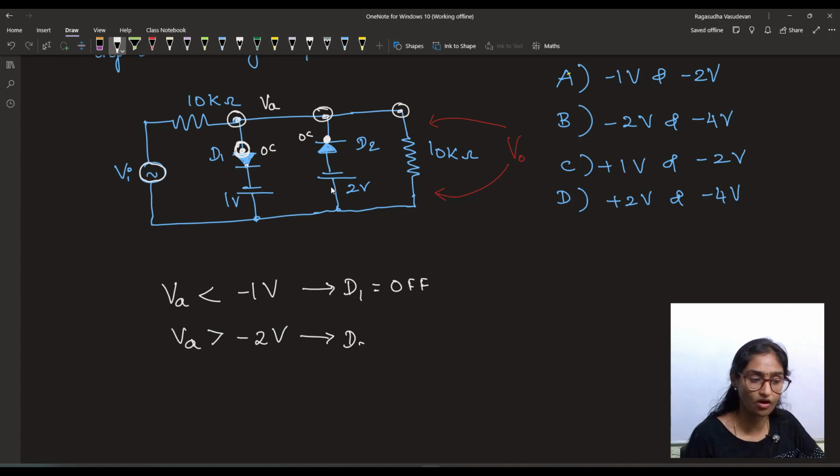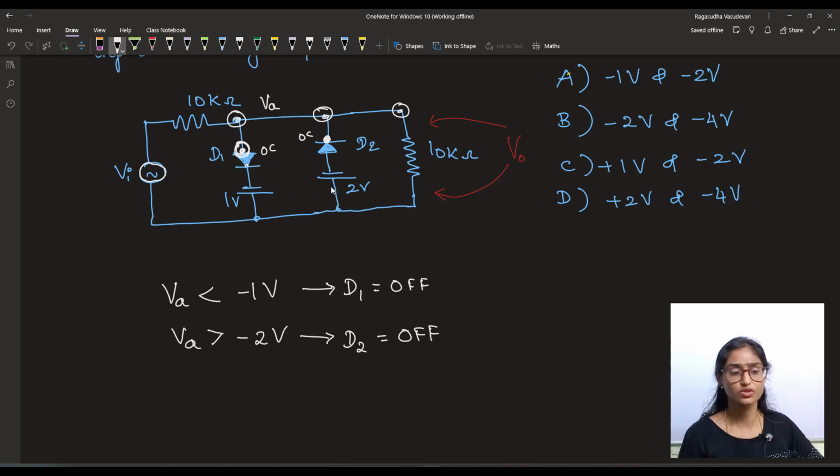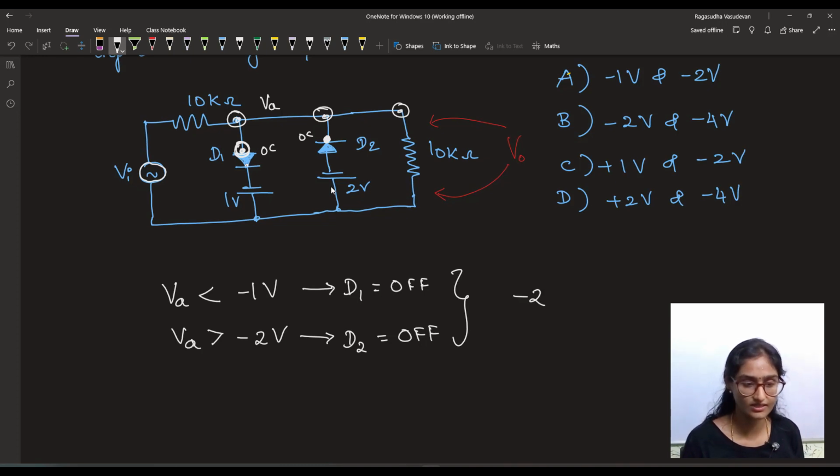Therefore, D2 will be off. So when it is just less than minus 1 and greater than minus 2, in between, when VA is between minus 1 and minus 2, so VA is greater than minus 2 and less than minus 1, both these diodes will be off.